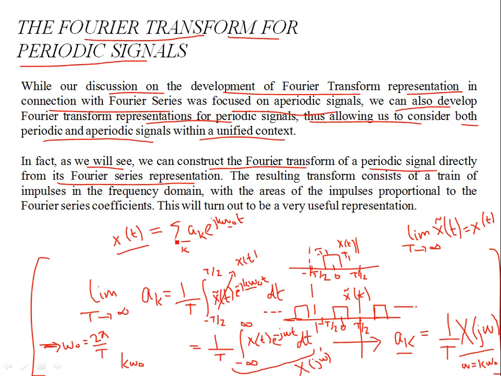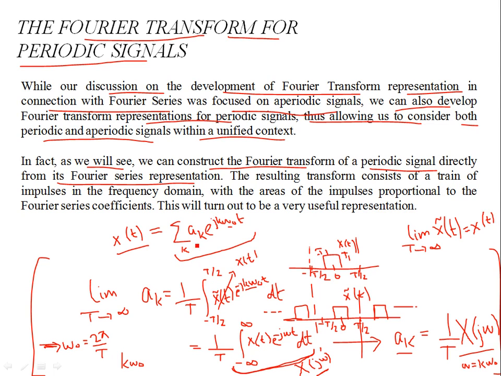So we can use this expression for X(j omega) and take the forward transform to get the Fourier transform of a periodic signal.